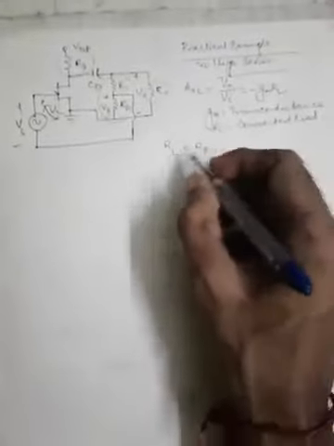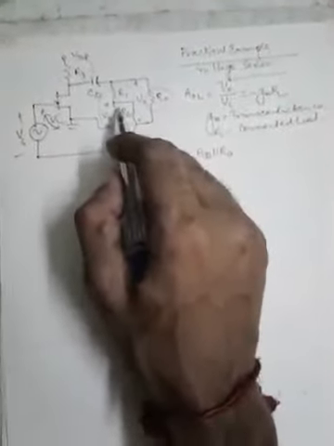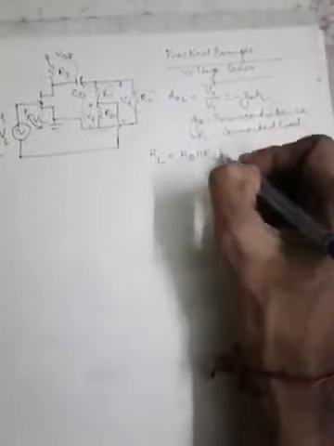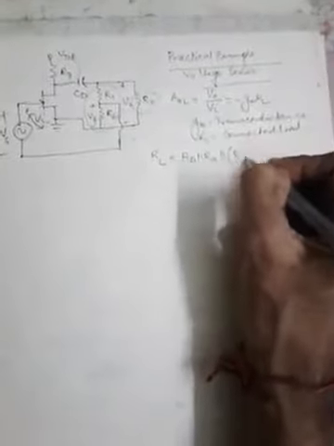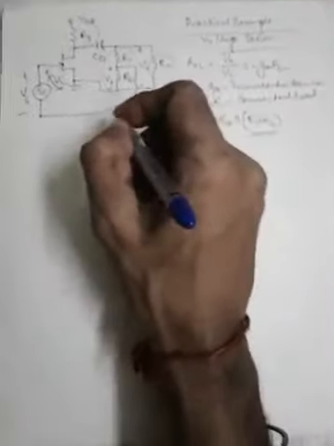Combining all these on the output side, all these resistances combine to give the equivalent load resistance in this circuit. So RL is RD parallel with RO, along with parallel with R1 plus R2, which is the voltage divider part, the feedback network part.